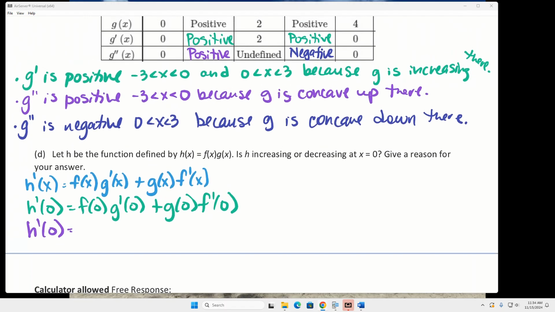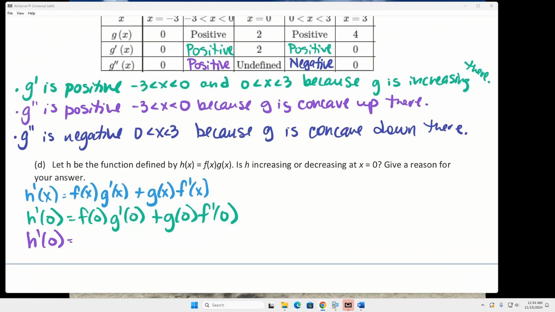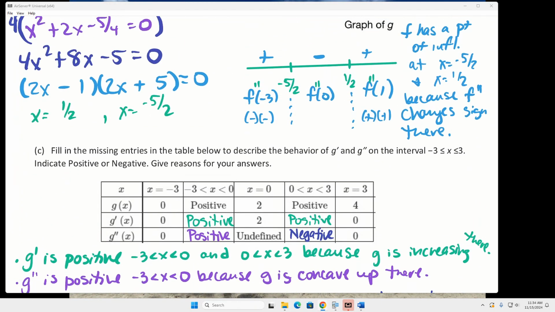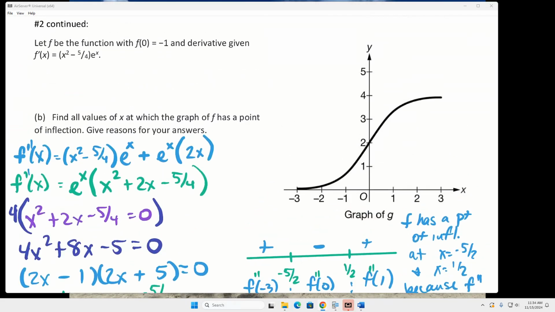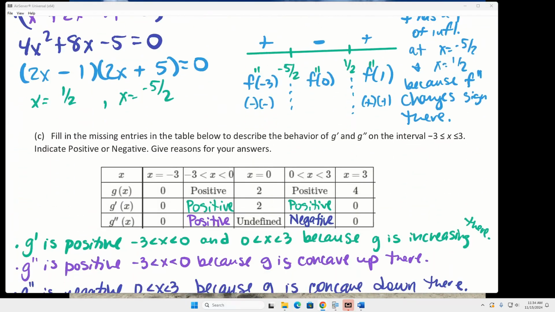Now we should be able to look either at the table for the g information, or look at things we're given, or the function to find the f information.